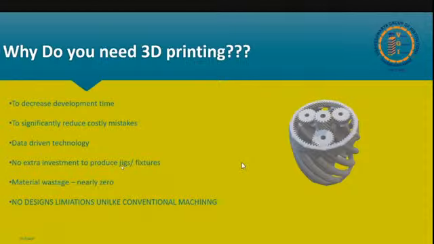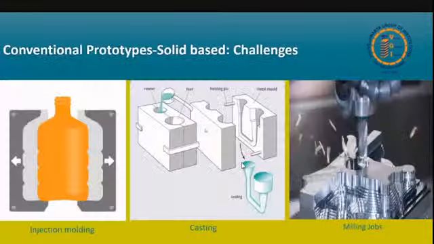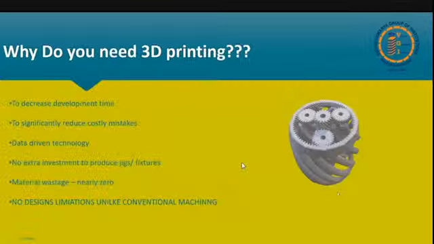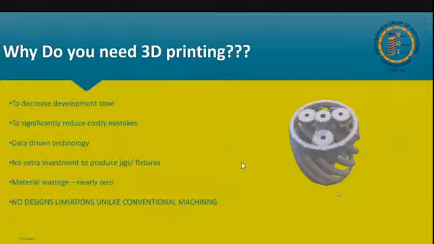Then the material wastage is nearly zero, which means in the subtractive process, you have to remove the material from the block, so it becomes wasted. If compared with the subtractive process, material is much less wasted because we are adding material wherever required.